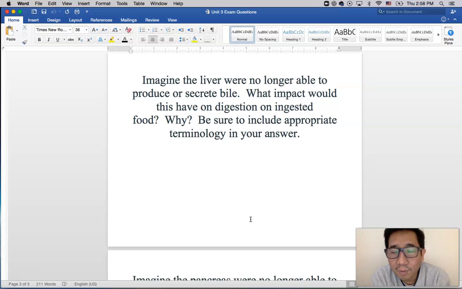Therefore, you have to poop it out. So you're going to have a fatty stool. Remember the flotation device in your toilet. Your stool becomes a floating device in your toilet. So fat you cannot break down, you're going to poop it out with your stool.